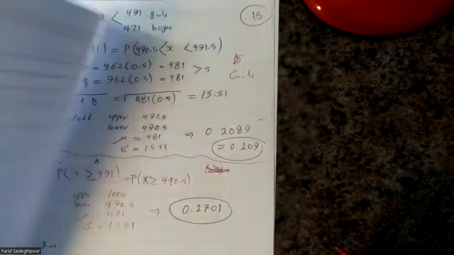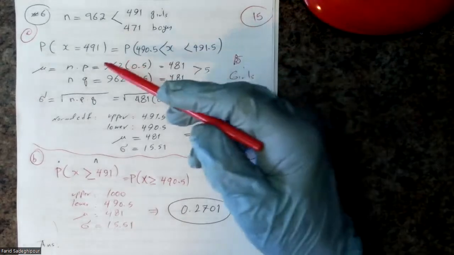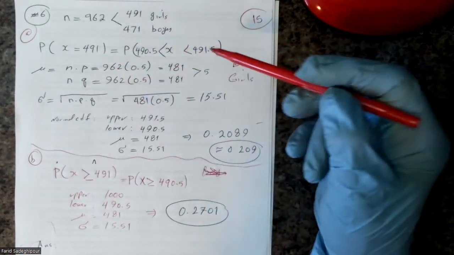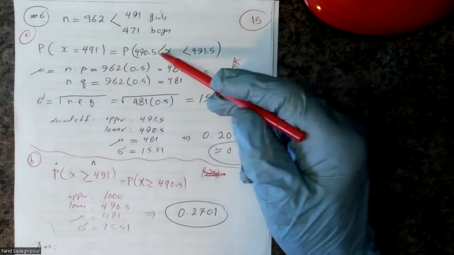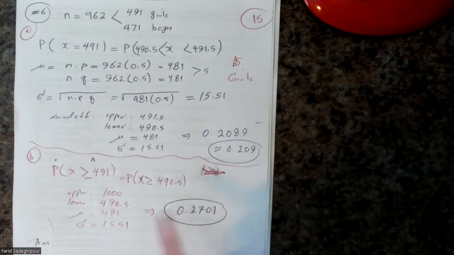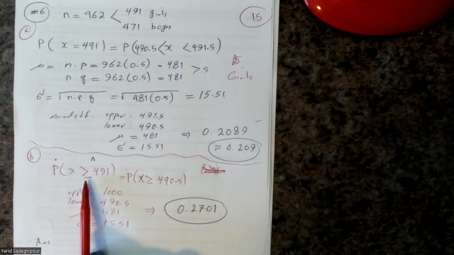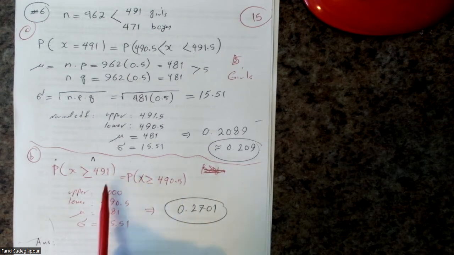Problem number 6 and 7. Again, they want x to be exactly 491. So when it says exactly, you add 0.5 and subtract 0.5. Or in part B, they want x to be at least 491, means they want 491 to be included. So we subtract 0.5.